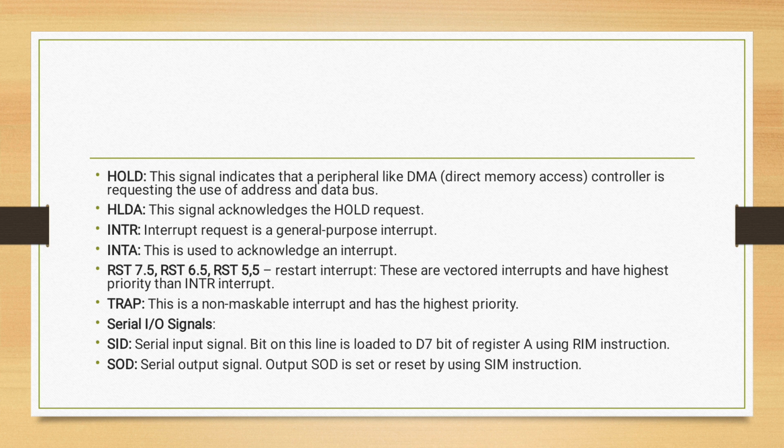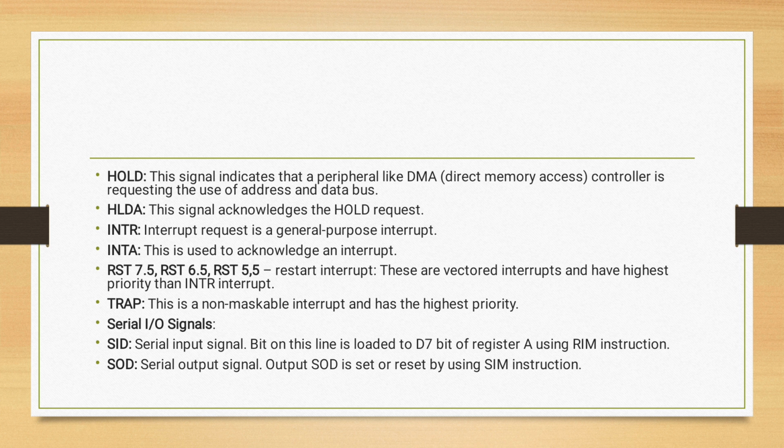And there are some other pins available in the Intel 8085 processor. They are called the serial input output pins. One is called SID, the serial input signal, and another one is called SOD, the serial output signal. SID is the data line for serial input.